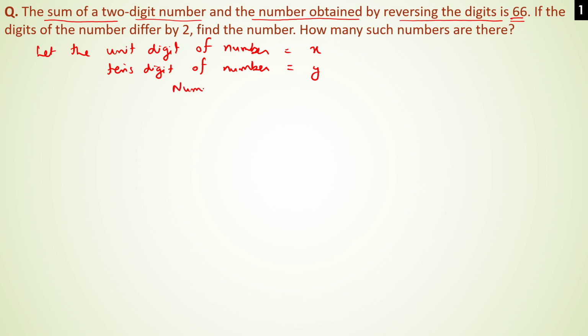In that case, the number will become 10y plus x. Since the tens digit is y, its value will be 10y, and the value of the unit digit will be x. So the number will be 10y plus x.